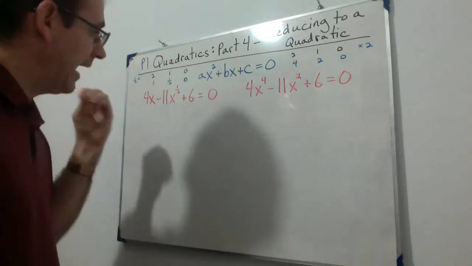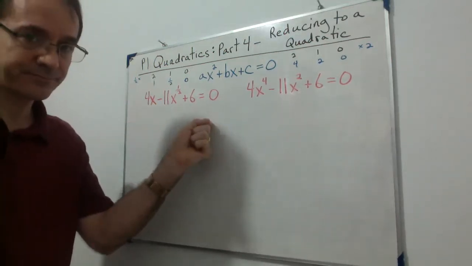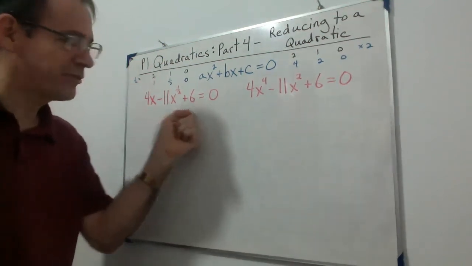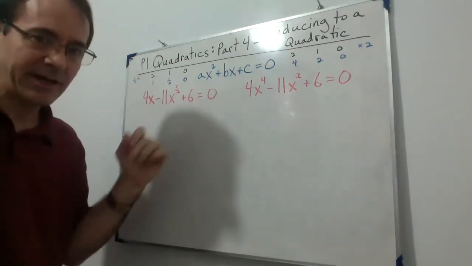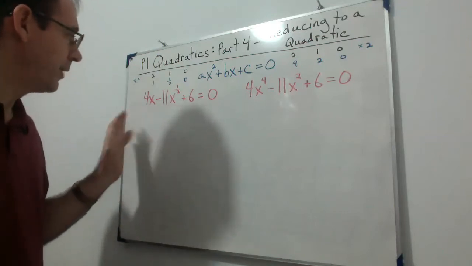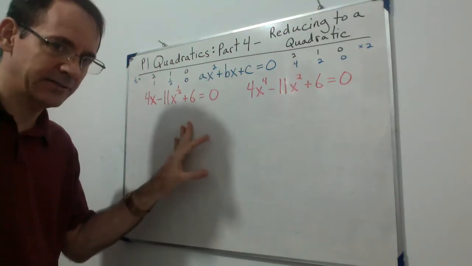So actually, if you look closely enough, or I should ask you, do you think this factors? Maybe I kind of already gave you a hint. It does factor, but I won't tell you right now how it factors or how I know it factors.